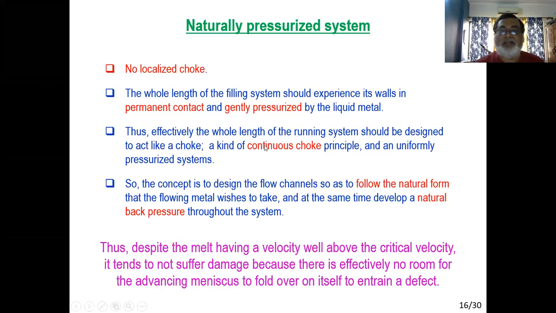So effectively, the whole length of the running system acts as a choke. It is a kind of continuous choke principle and a uniformly pressurized system. The concept is to design the flow channel so as to follow the natural form that the flowing metal wishes to take, and at the same time develop a natural back pressure throughout the system.